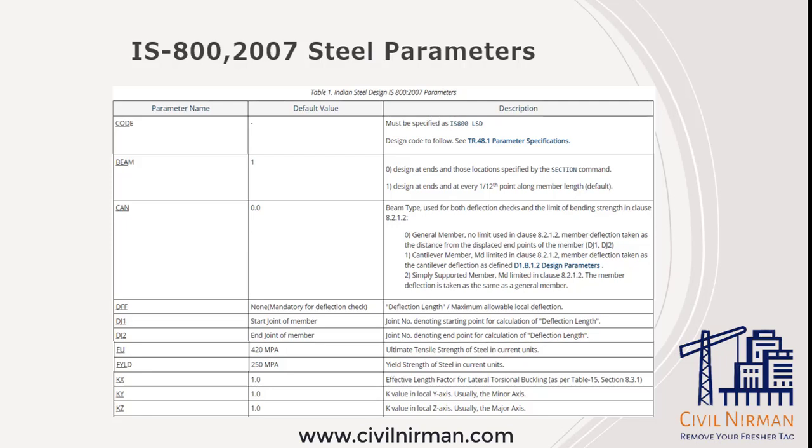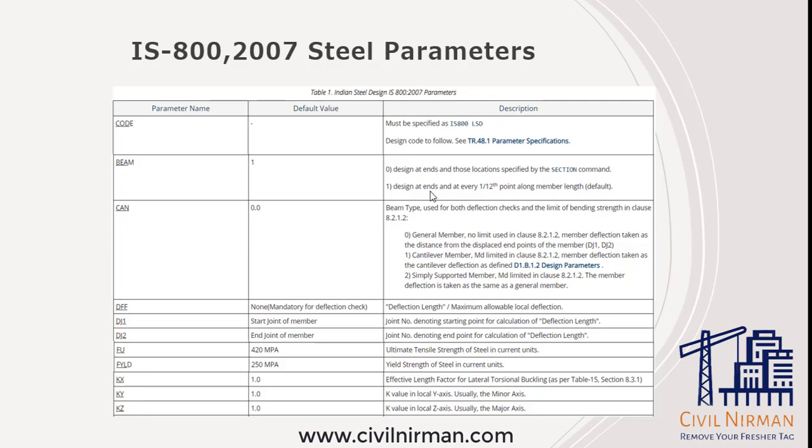Just to put it in simple layman language, if we provide 0, then you have to specify to STAAD at which interval or at which distance from the end you want your member to be checked for moment, shear and axial force. If you don't want to specify, we can use the command 1. That means the beam will be designed at the ends for whatever moments, shear and axial force are coming at the ends.